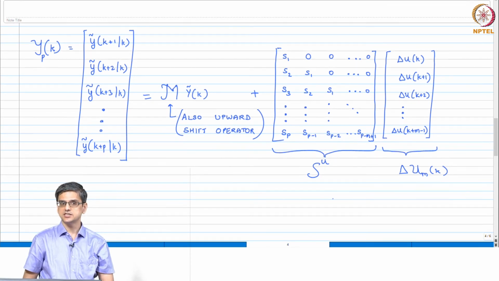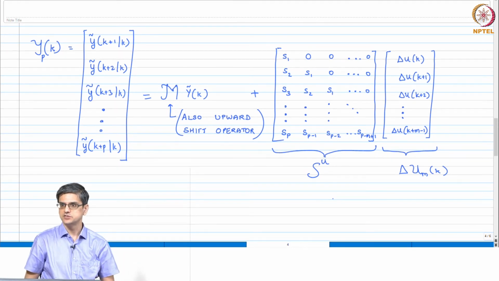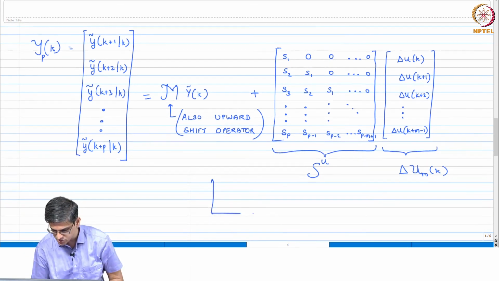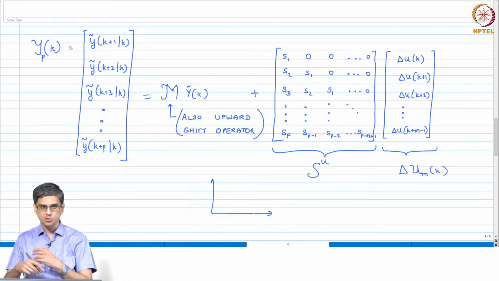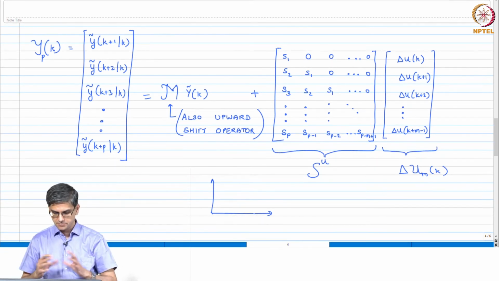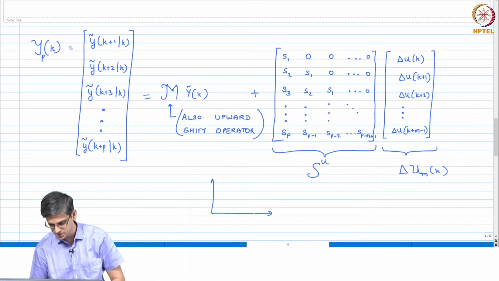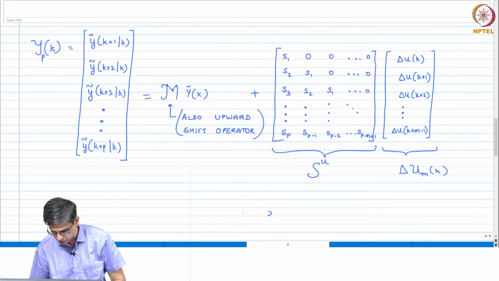S2 is the step response values at time 2, not a shifted version of S1. So, for example, if we were to talk about a seesaw system, and again when I am showing the pictorial representation I talk about seesaw, but in general let's talk about MIMO.